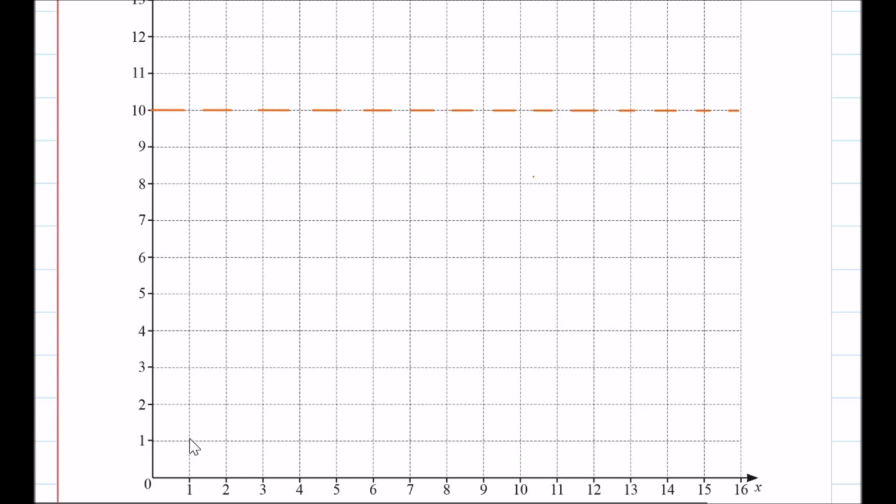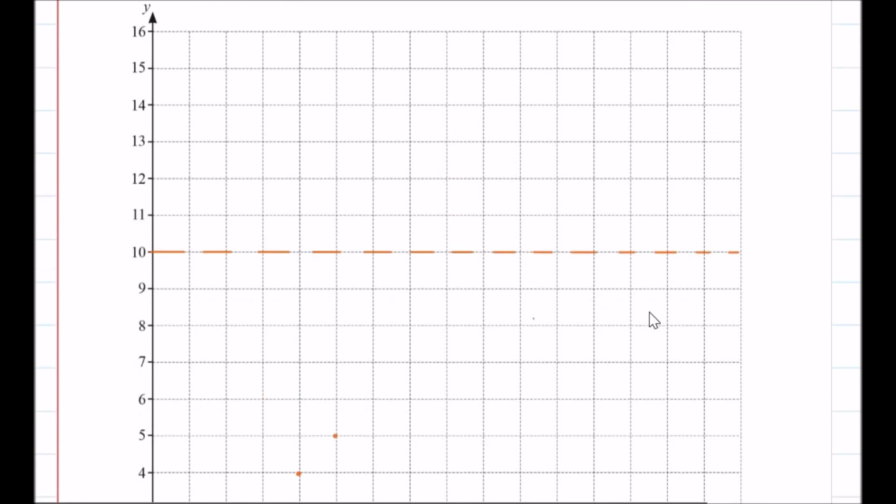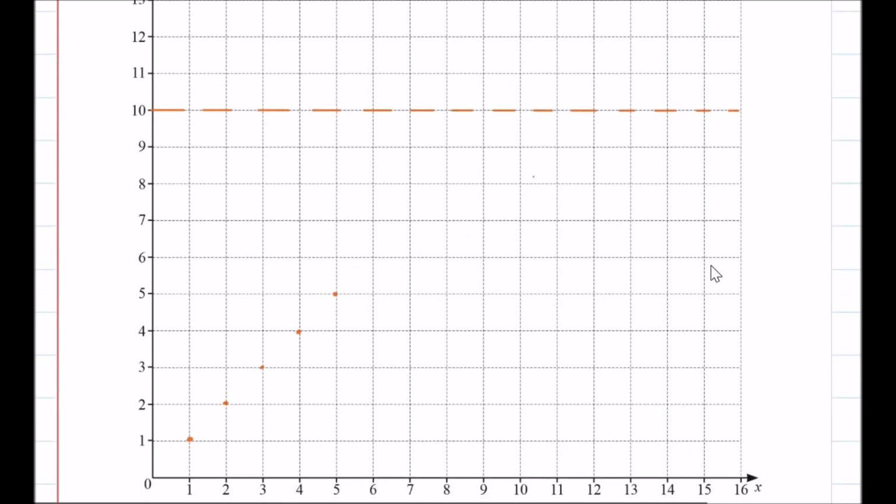So if we get that, we will have points here 1, 1, 2, 2, 3, 3, 4, 4, and so on. And here 16, 16. So from this corner to this corner, right? So let me draw.